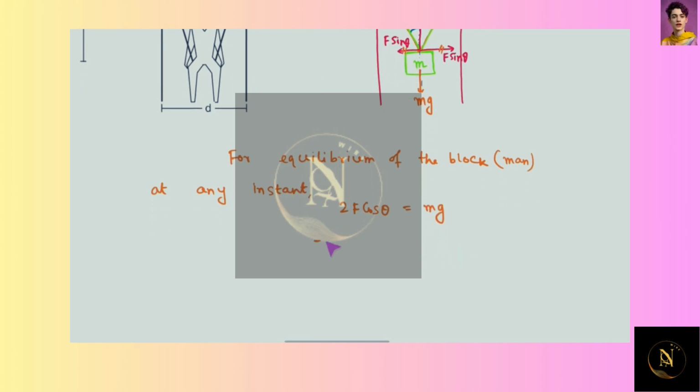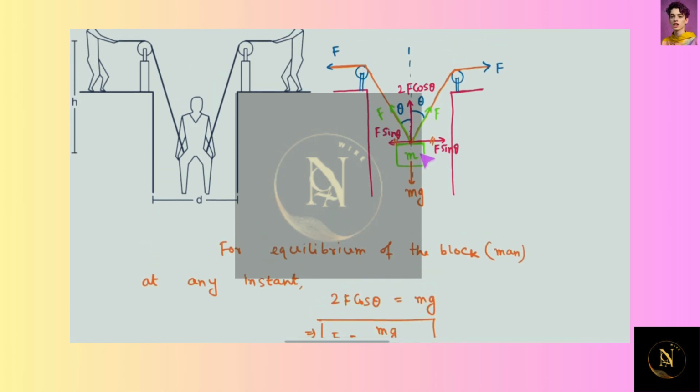From here, the force on each string F is equal to mg by 2 cos theta.